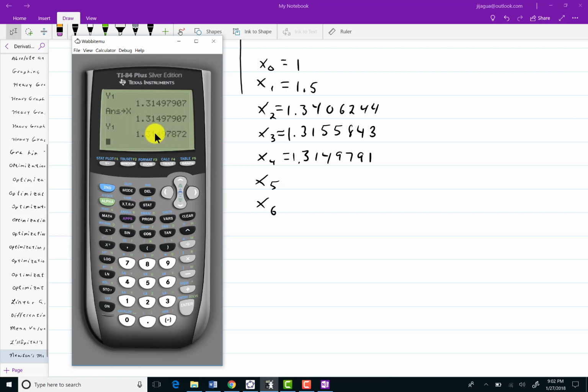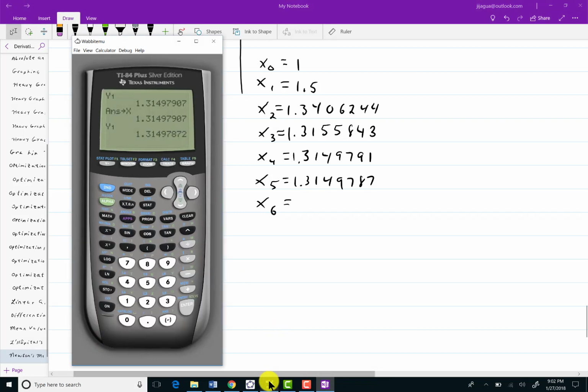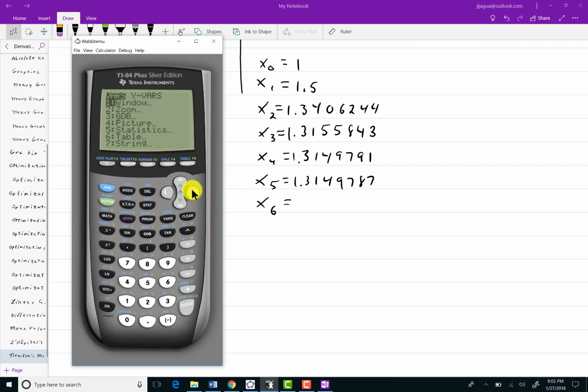So 3149787. And then X6. I bet you I have it on this one. So I'll store this into X. Enter. And let me get my yvars. Gotcha.